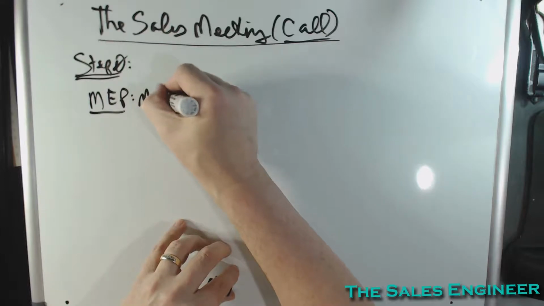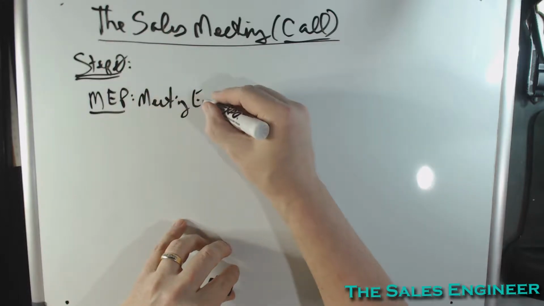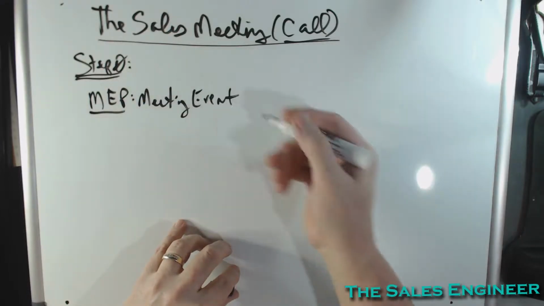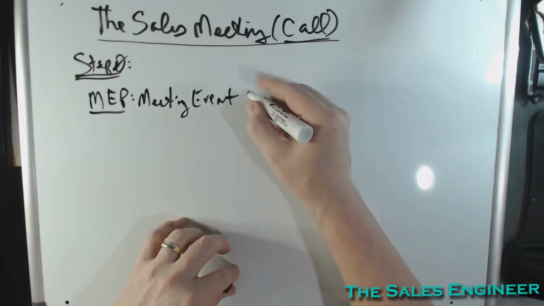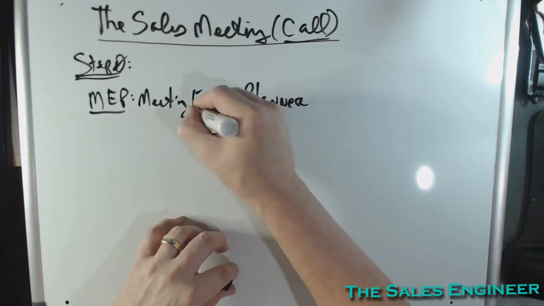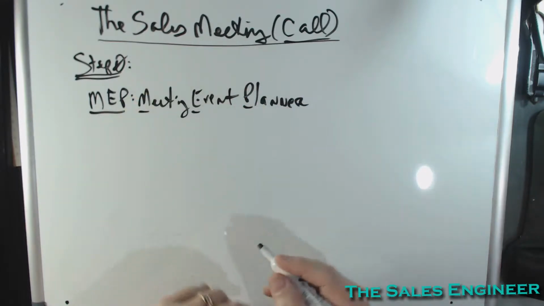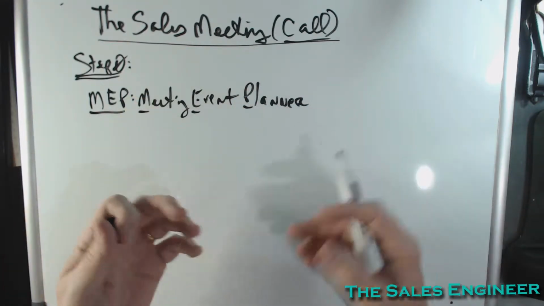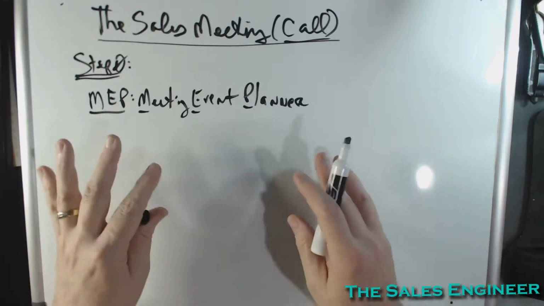So this is one of several devices, if you will, that I've created with my methodologies over the years. And the meeting event planner is kind of what it sounds like, right? It's a meeting, it's an event, you're going to plan it.